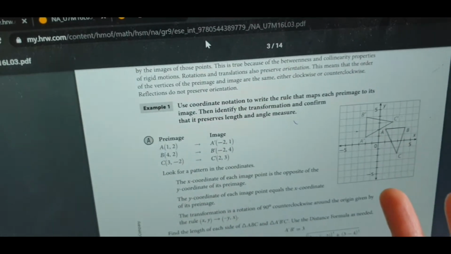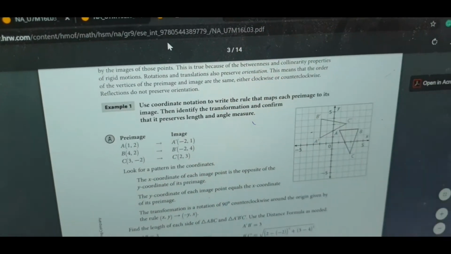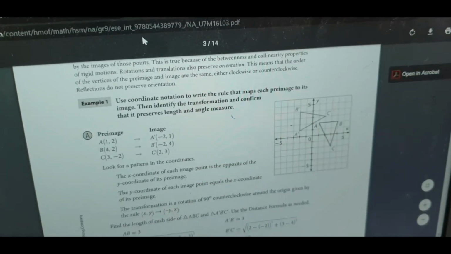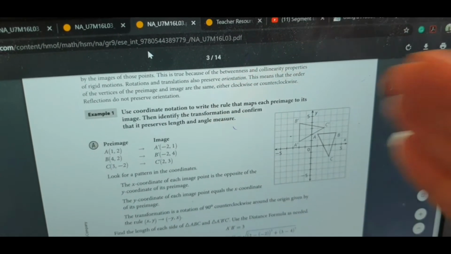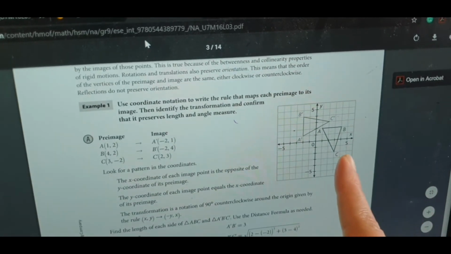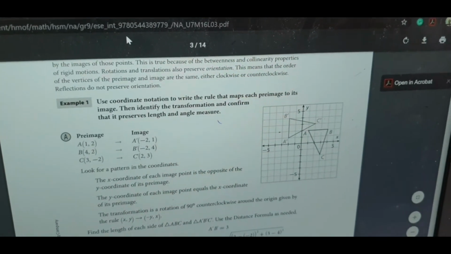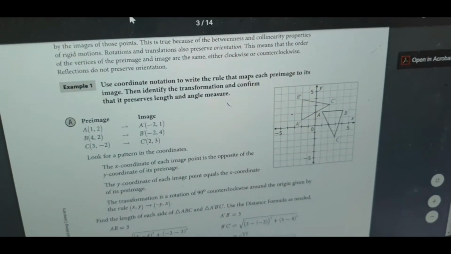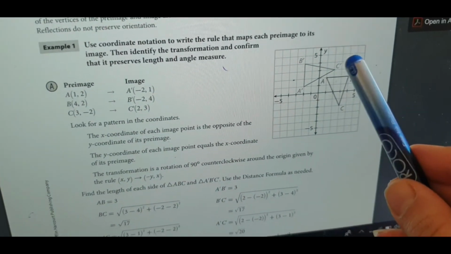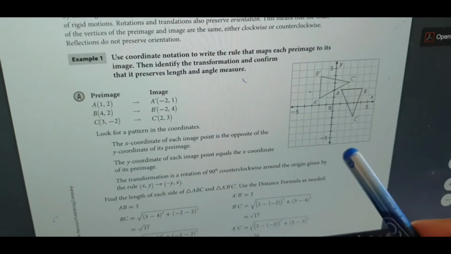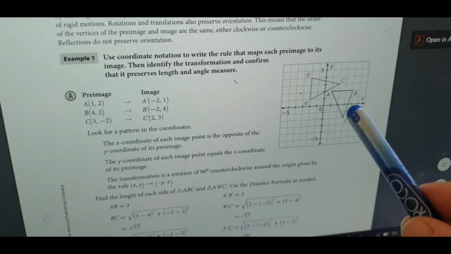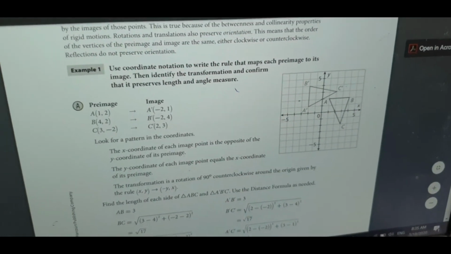Is it clockwise or counterclockwise? Is it going with the clock or against the clock? Against, right? So this is movement counterclockwise. The rest is how many degrees? How many quads do we have? We have quad 1, 2, 3, and 4. If your figure is moving one quad, it's 90 degrees.